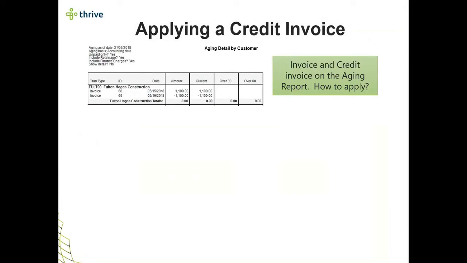Another common thing we get is applying a credit invoice. When you put in a negative invoice, instead of applying credits through Adjust Receivables, a lot of clients like to put in a negative invoice to write off or to offset a live invoice.